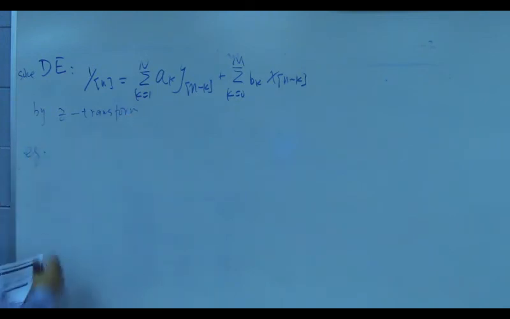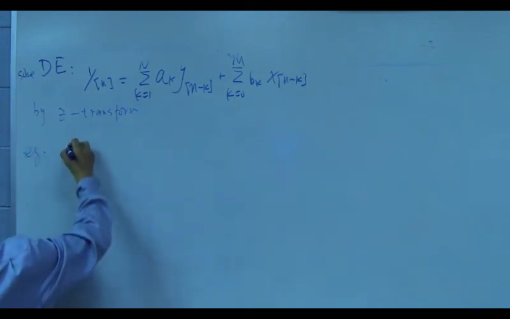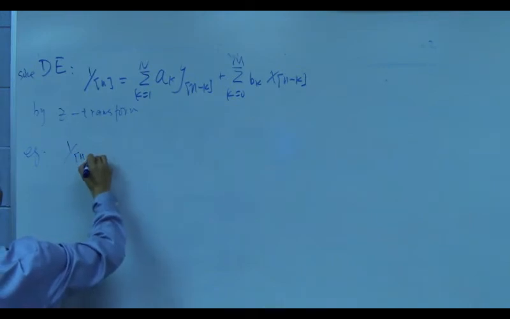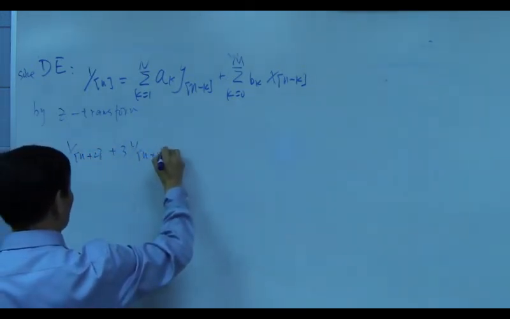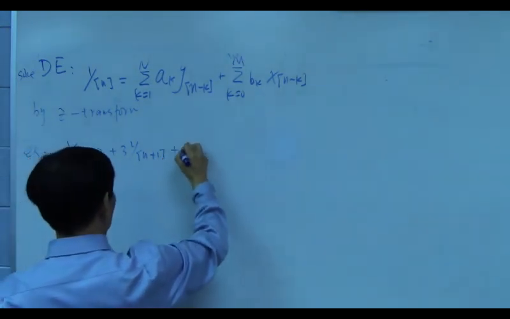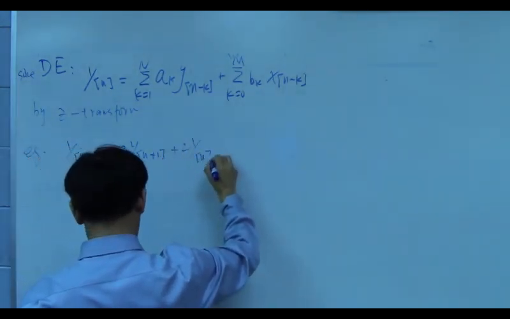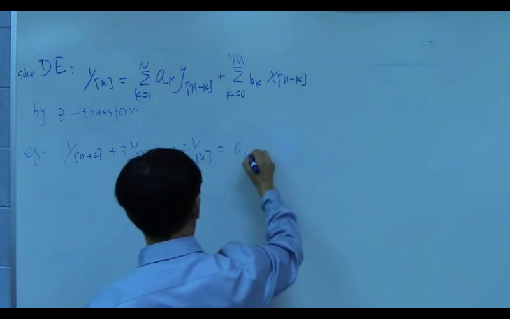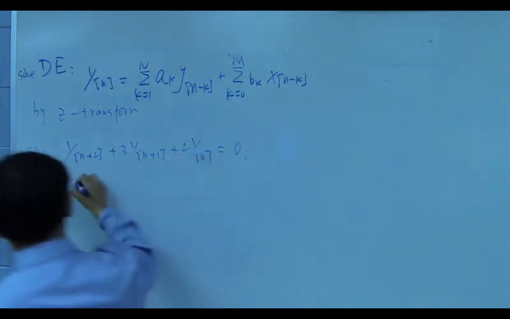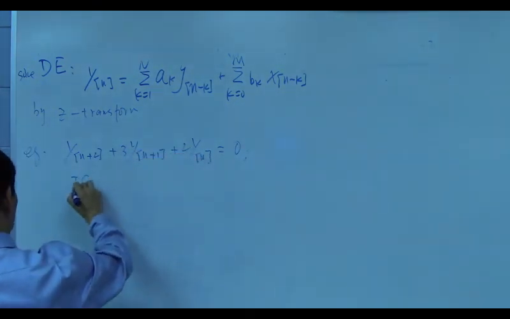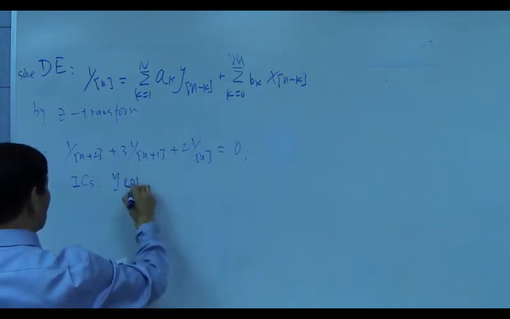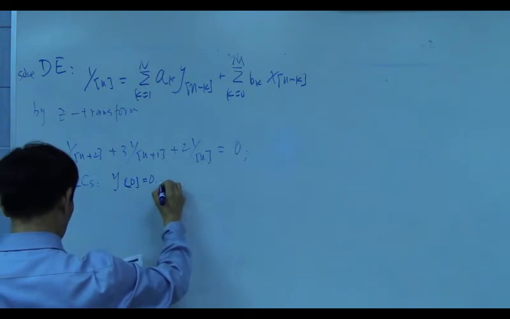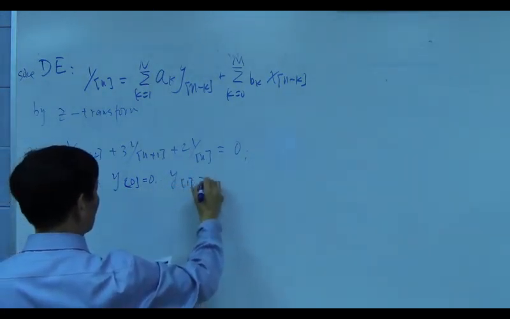Example here: y[n+2] plus 3 y[n+1] plus 2 y[n] equals 0, and the initial conditions are y[0] equal to 0 and y[1] equals 1.